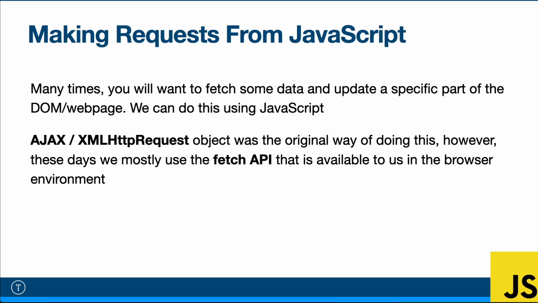That was kind of the original way of making HTTP requests, but these days you're mostly going to use the Fetch API. I do want to show you how to use the XHR object and show you the old school Ajax way before we get into the Fetch API, which deals with promises, which we haven't talked about yet. All right.